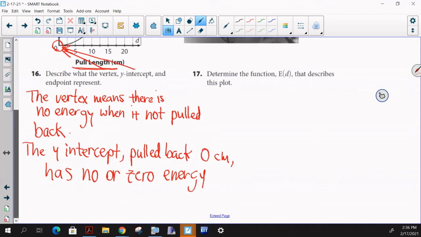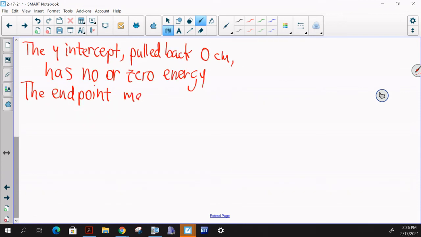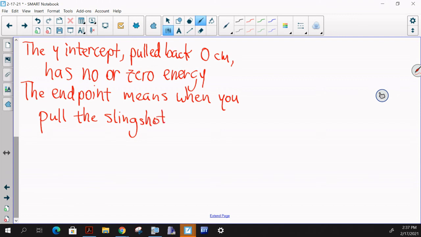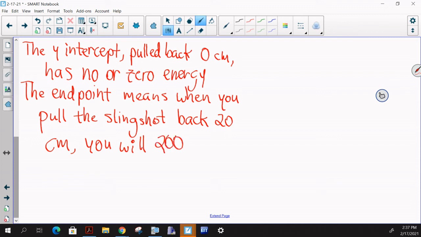And that endpoint represents, remember it was a value of (20, 200), so the endpoint means when you pull it back 20 centimeters, you will have 200 millijoules of stored energy.